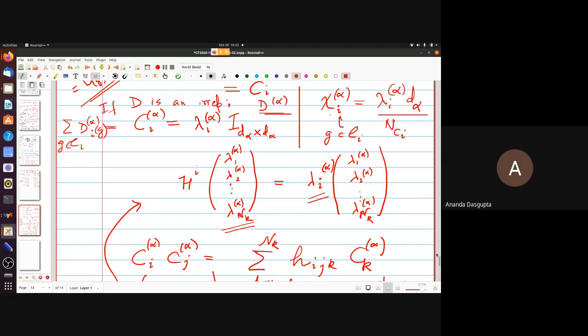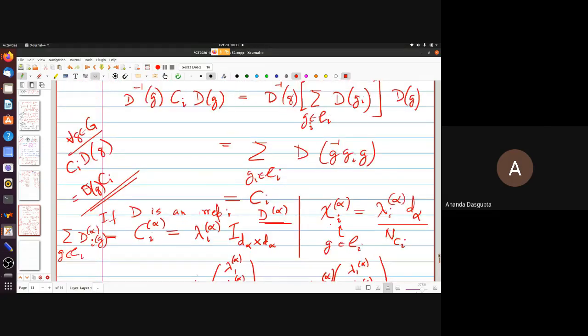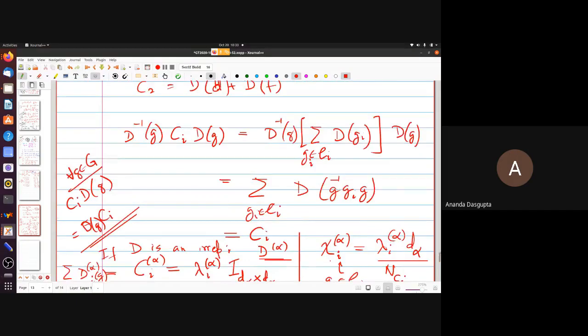But what I'm asking you to do as homework, as holiday homework, let's say, is this. Apply Burnside's method to find out the character table for S3 and also the character table for all symmetry elements for a square.